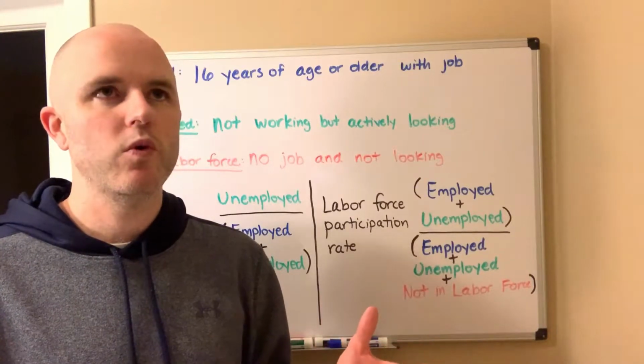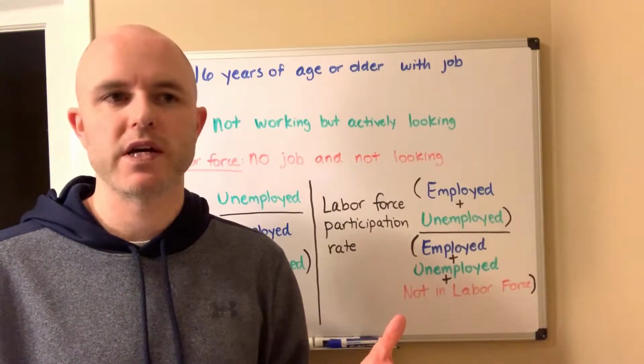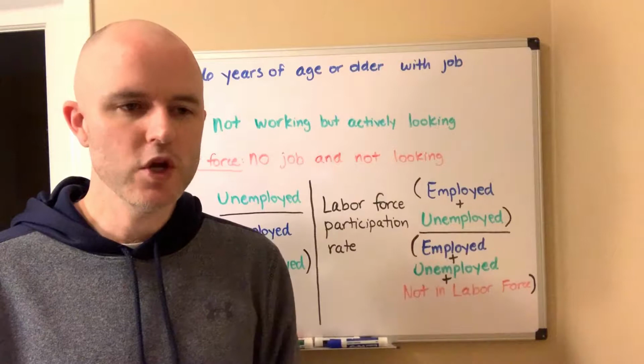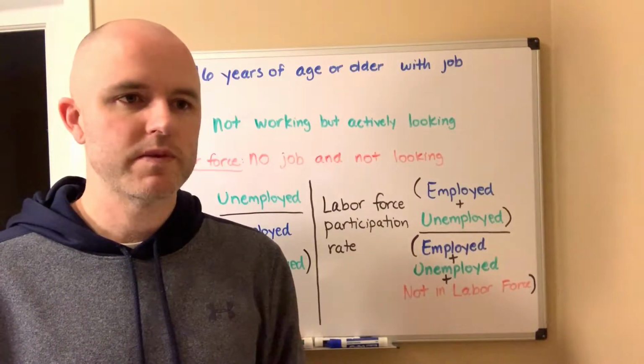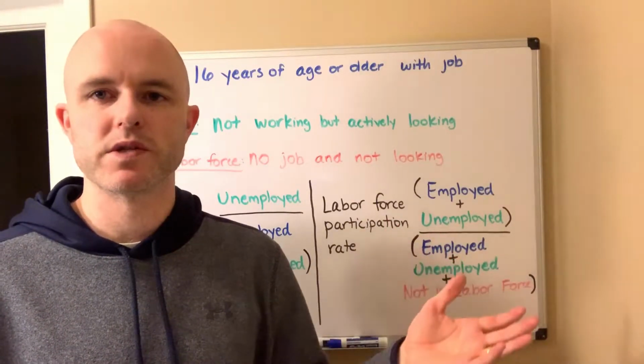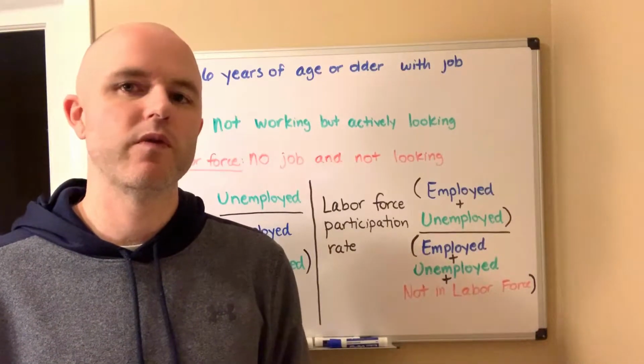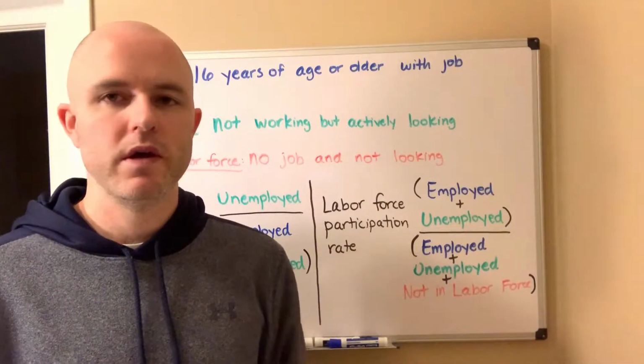You've got people who want to work, but they have not looked within the past 4 weeks because they just think to themselves, after looking for 6 months or so, that there's nothing out there for them. So they stop looking, okay?